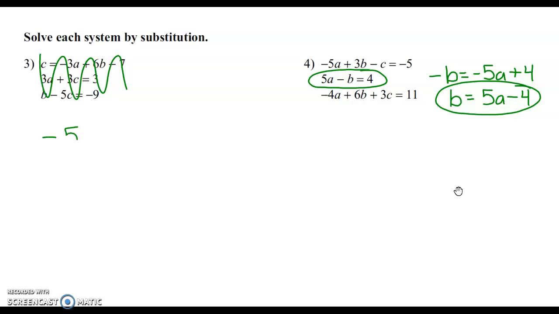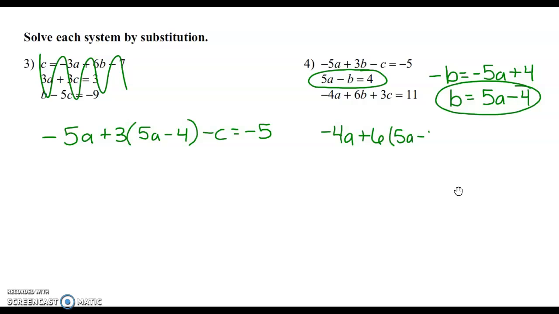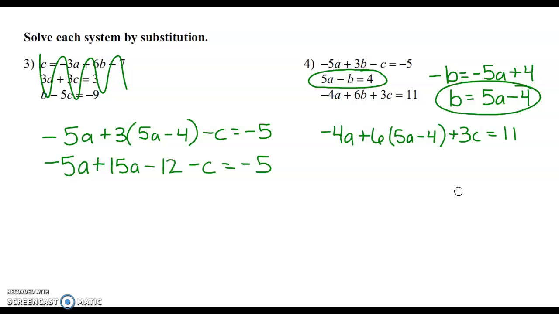So I'm going to have negative 5A plus 3 times 5A minus 4 minus C equals negative 5. And then I plug it into negative 4A plus 6 times B, which is 5A minus 4, plus 3C equals 11. So the top one becomes negative 5A plus 15A minus 12 minus C equals negative 5.